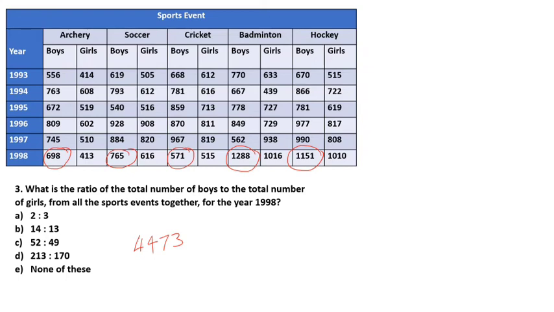Understand it very clearly. 8, 13, 14, then 22 plus 1, 23, balance 2, 11 and 17, 24, 32 and 5, 37, balance 3, 9 and 16, 21, 21 and 2, 23 and 1, 24, balance 2 and 1, 3 and 1, 4. 4473 is the answer for the total of boys.